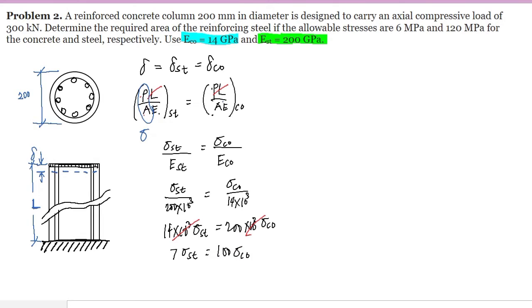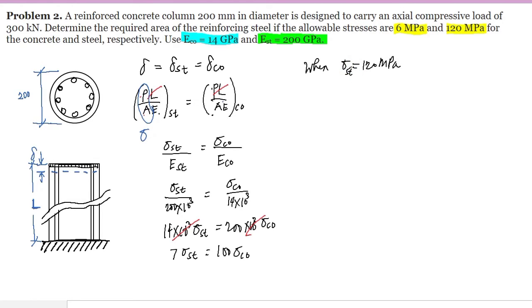So given here are the allowable stresses. The allowable stress for the concrete is 6 MPa and the allowable stress for steel is 120 MPa. Now, when stress is equal to 120 MPa, this stress here is the stress of the steel.